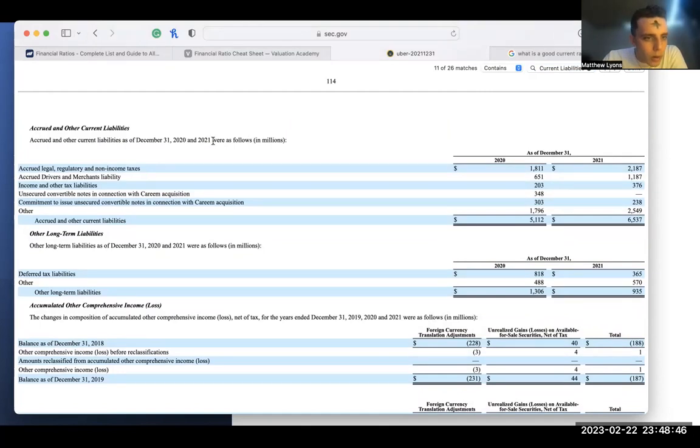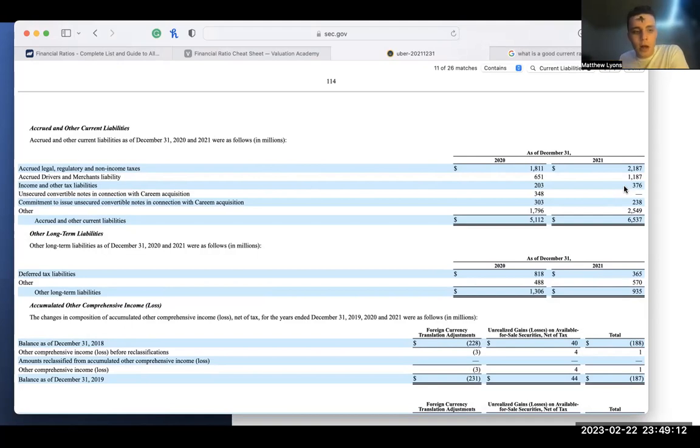So from here, crew drivers and merchant liability went up by a ton. Why? Legal, regulatory, this went up by a lot. So this is actually better than just looking at accounts payable, because this is a broader account, which is nice. And that's the beauty of it.